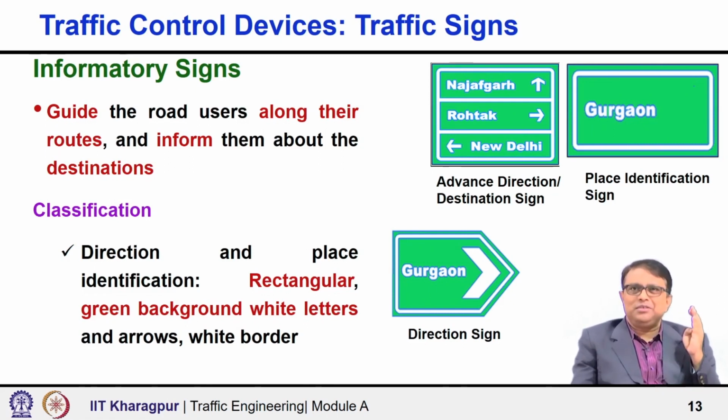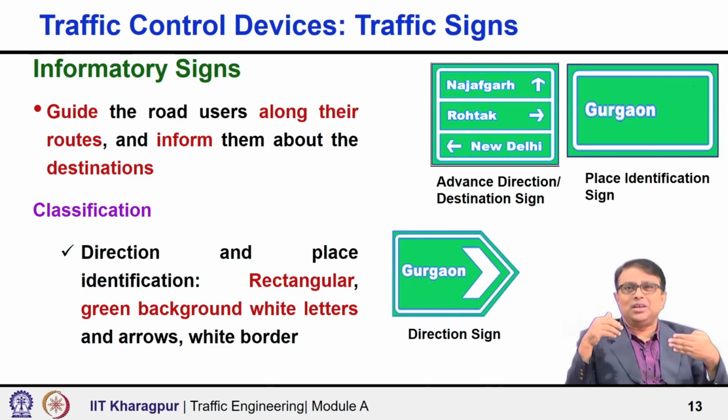Then the last category is the informatory sign. So, obligatory or mandatory signs, then cautionary signs, and next is the informatory sign. What is the purpose of informatory signs? They are just for information, because when we are driving on roads, we need to know whether we have reached the place where we want to go, as we may not know all the routes in that locality. You should be informed that you have reached your place.